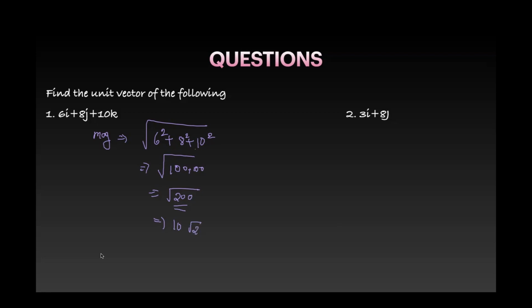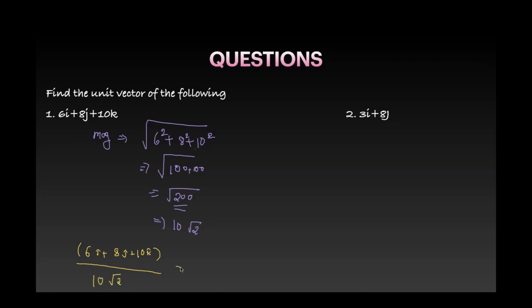You want to find the unit vector. What did I tell? Write the vector as it is. 6i cap plus 8j cap plus 10k cap. First step done. Second step: divide the whole thing by its magnitude.